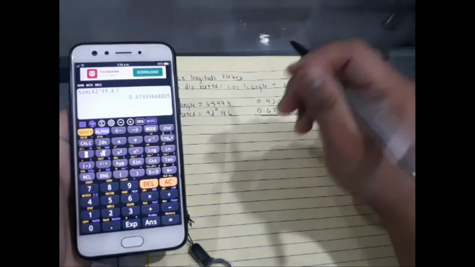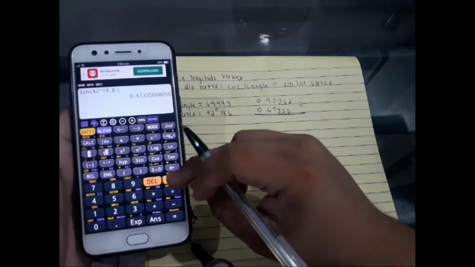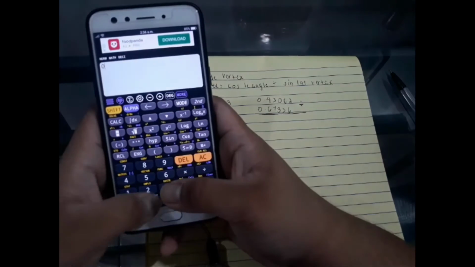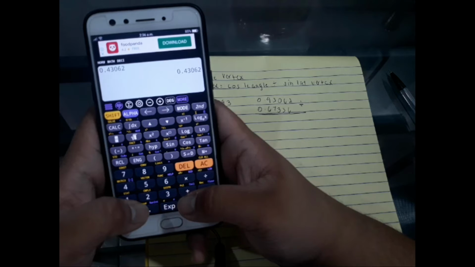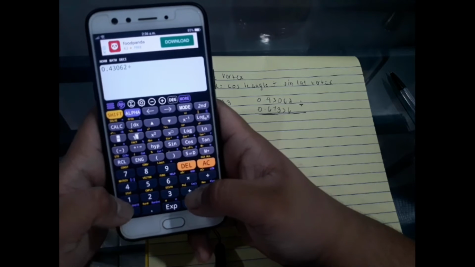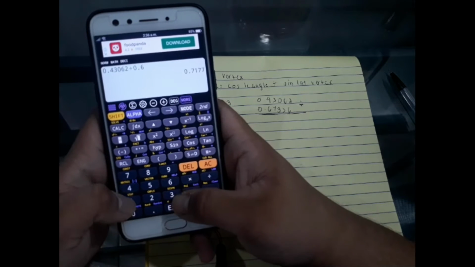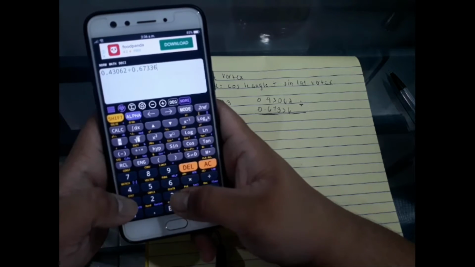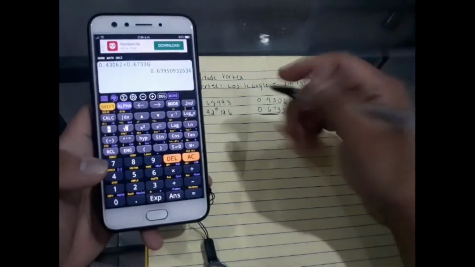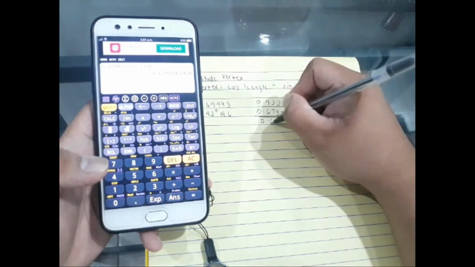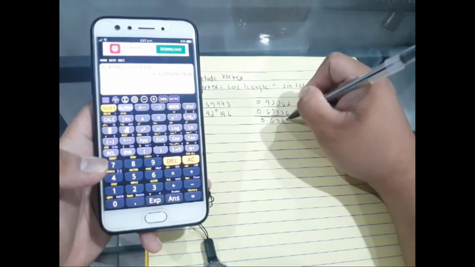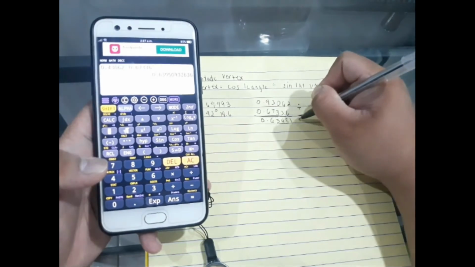We need to divide it, so clear all. So 0.43062 divided by 0.67336 is equal to 0.63951 west.